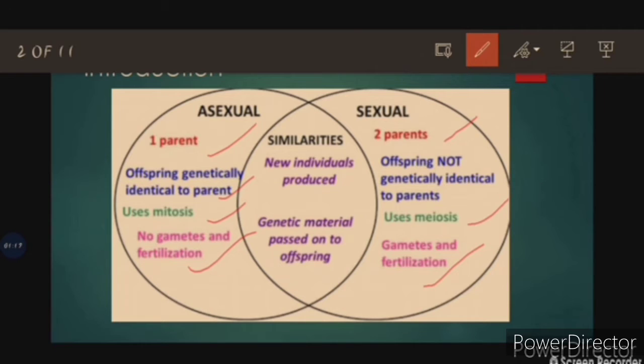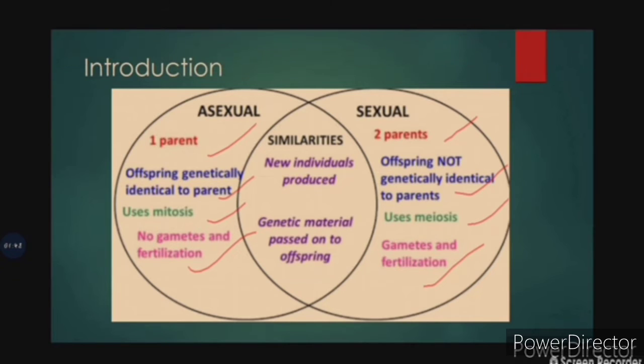Whereas in sexual reproduction, the offspring produced are not genetically identical, not an exact copy of the parents. Some similarities are there between sexual and asexual reproduction. In both, a new individual is produced and the genetic material of the parental generation is transferred to the next generation.